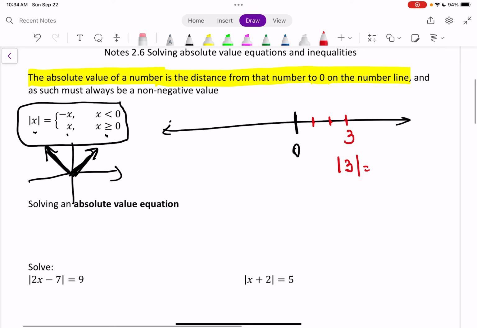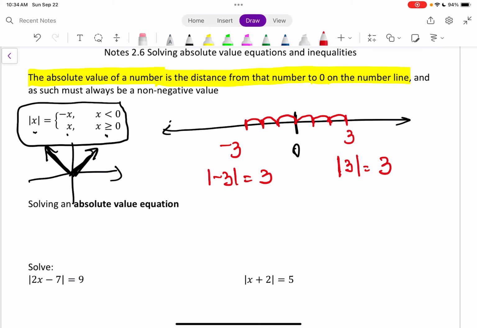Well, 3 is 3 units away from 0. That's the distance that I have to travel to get from 3 down to 0. What about negative 3? The absolute value of negative 3 is how many units you have to travel to get from negative 3 up to 0. That's 3 units.